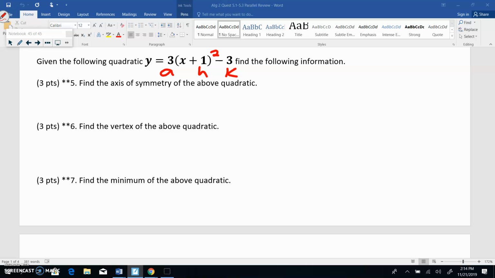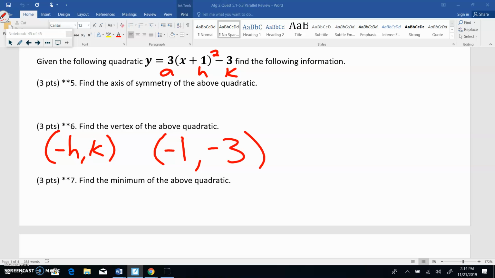I strongly recommend that you start with number 6 in this case, because remember, with our vertex, the vertex will always be, for us, the opposite of h and then k. So h right there, I see a +1, which means when I'm plugging into my vertex, it better be -1. And then finally k is -3.